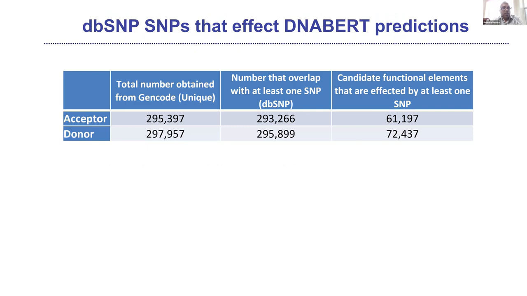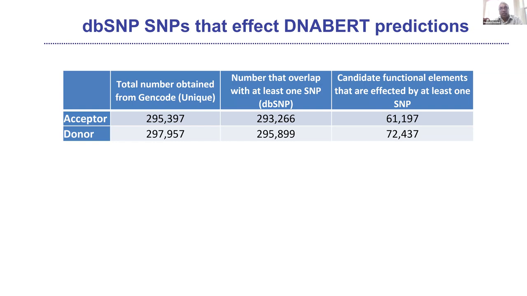This is a summary of the acceptor and donor sites. Overall, there are 295,397 acceptor and 297,957 donor sites. When we asked how many have a SNP within that region, minus 32 plus 30, most of these have at least one SNP. Out of these, 61,000 acceptors are affected by at least one SNP.